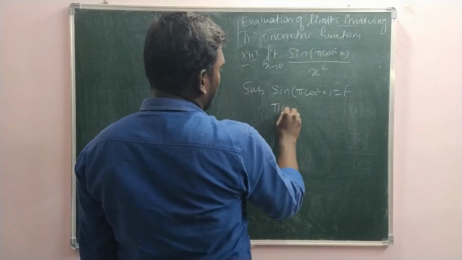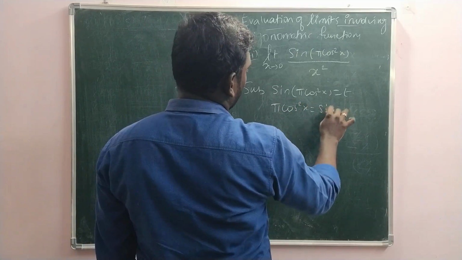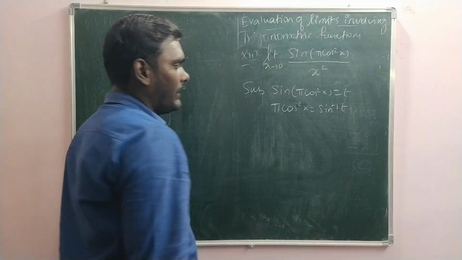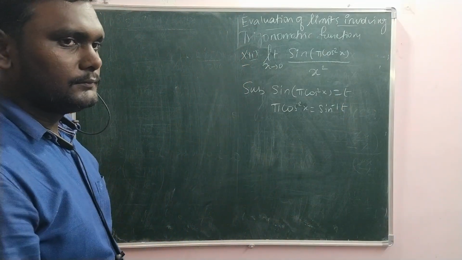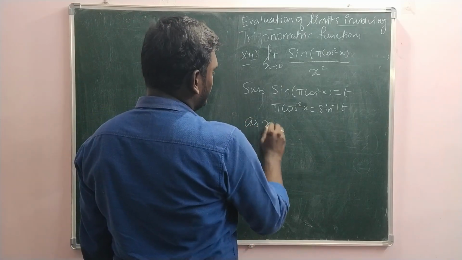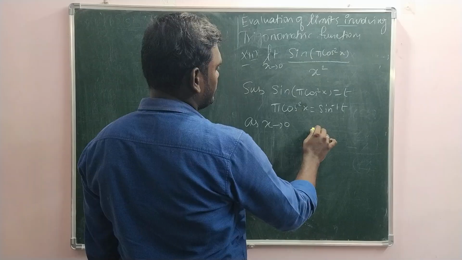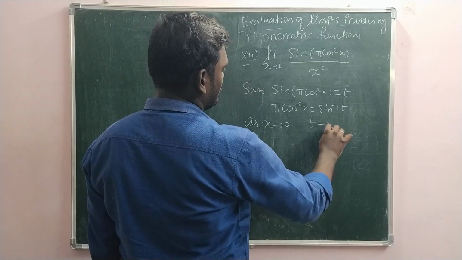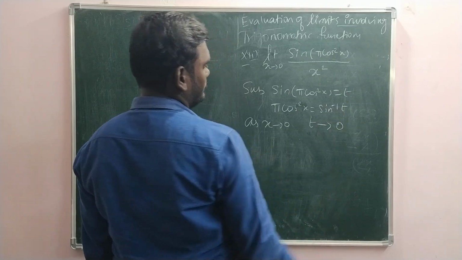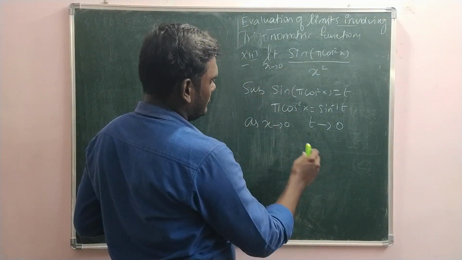Then pi cos square x is equal to sine inverse of t. Is it? Now as x approaches 0, this t approaches where? 0. Okay. And we have to substitute these values here.